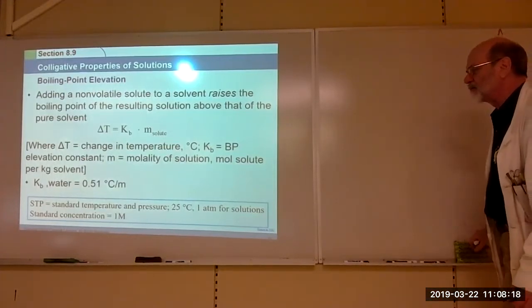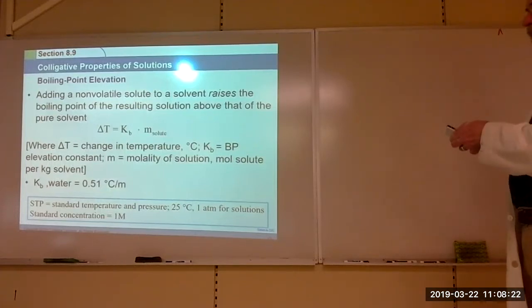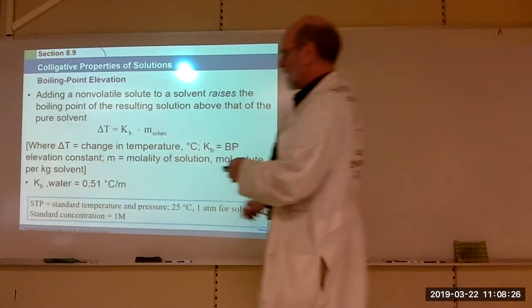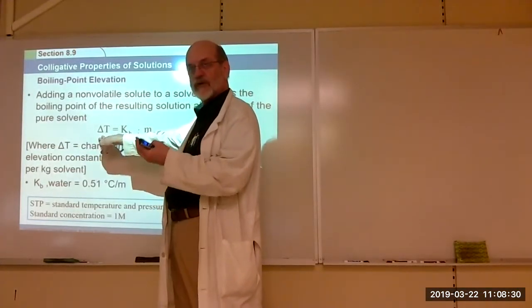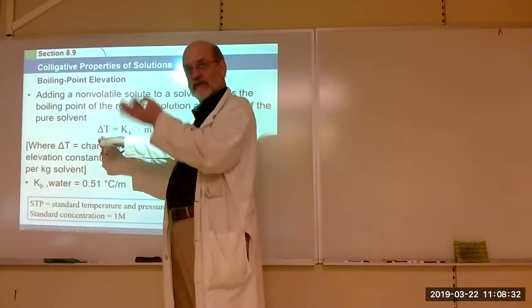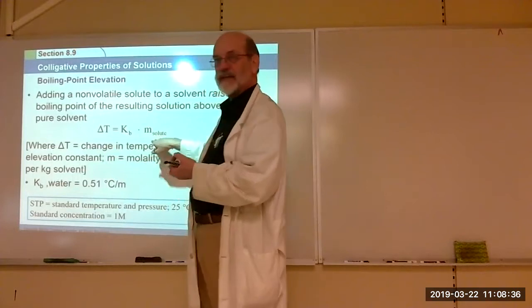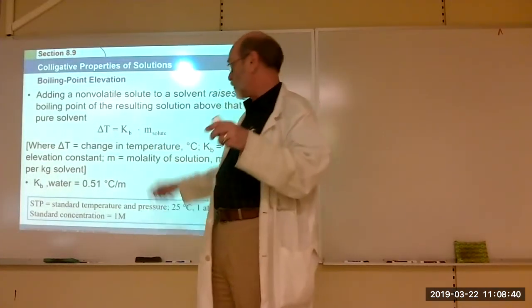Okay. Boiling point elevation. Let's go to the one that we're going to be using, because the form is the same. So you have a change in temperature, boiling point elevation. So it'd be an increase, delta T up. You need to know the molality, moles per kilogram of solvent, because we're talking about temperature.